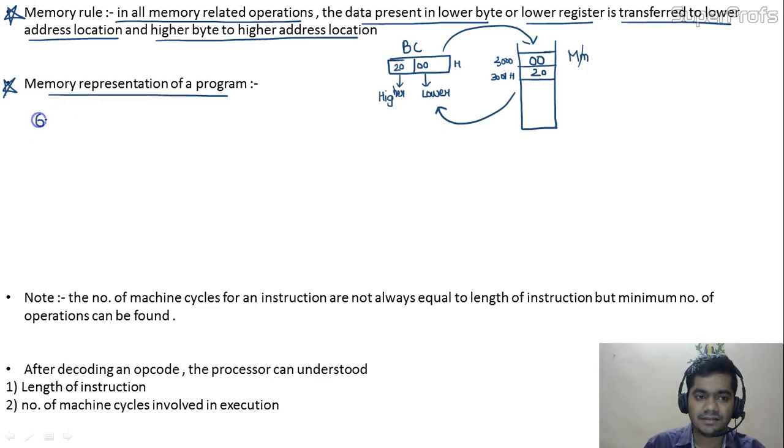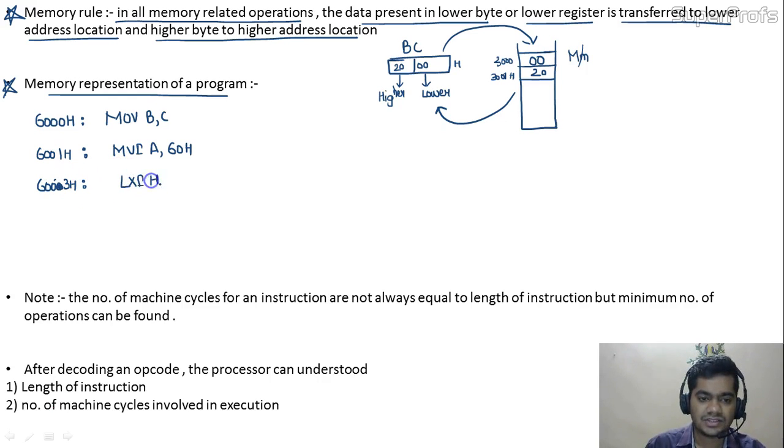To understand it, we are taking one example: at 6000H memory address we have the instruction MOV B, C. At 6001H we have MVI A, 60H, and at 6003H we have the instruction LXI H, 5432H. How have we written this?